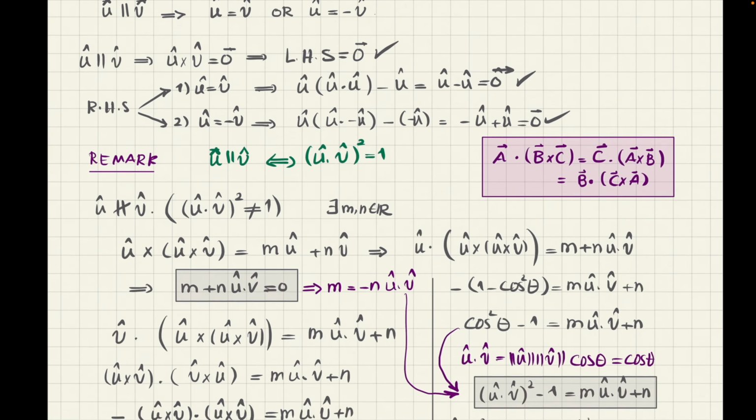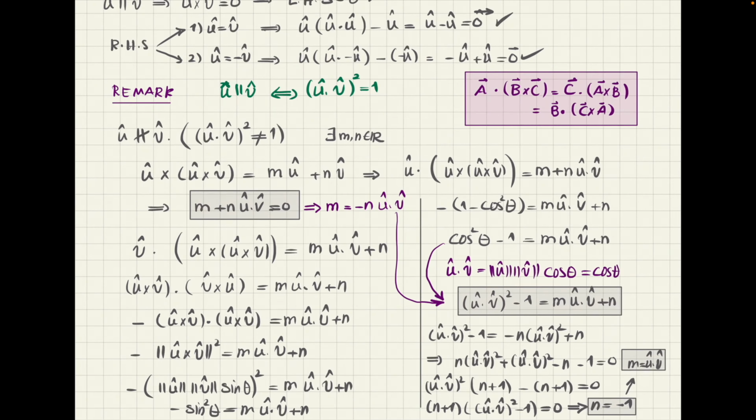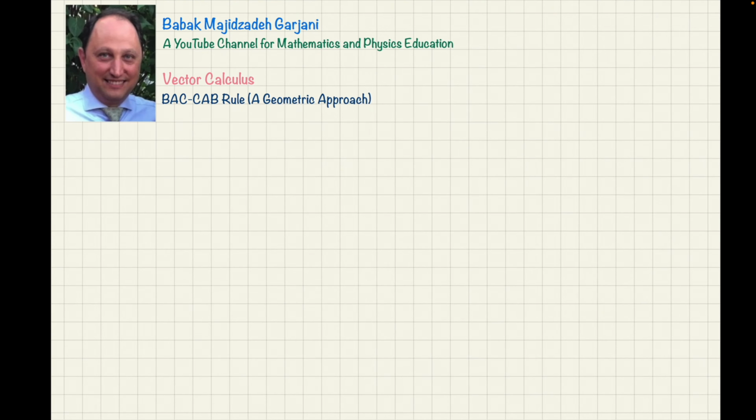Okay. Now, of course, we have to go to a little bit more general case. So for this case, again, I will not attack the main problem here. I want to also talk about another special case. Here I will consider three vectors, but unit vectors. So I want to show that u cross (v cross w), all of them unit vectors, but of course they might be completely different vectors.